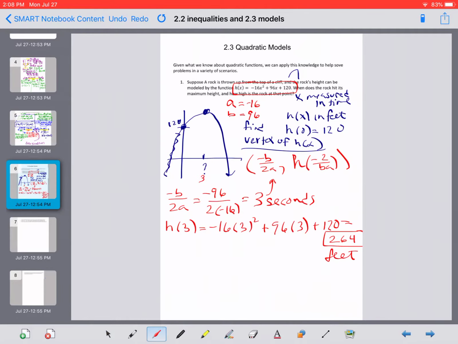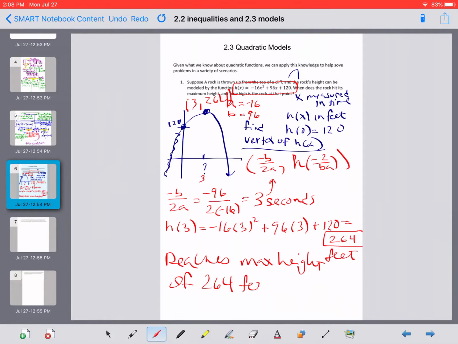In other words, the vertex is at 3, 264. So it reaches a max height of 264 feet at time 3 seconds.